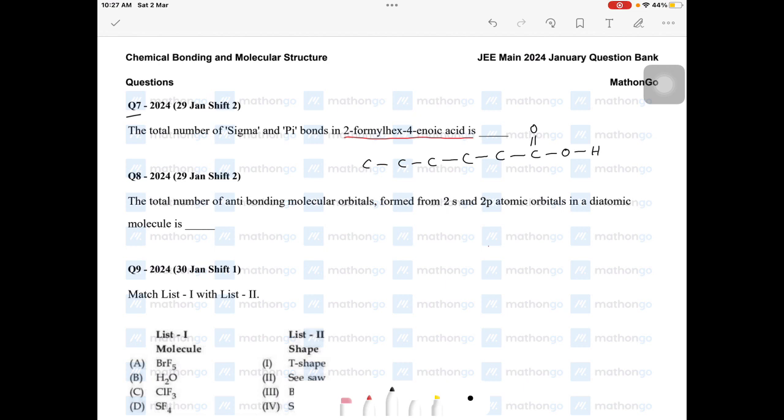Next, 2-formyl at carbon 2. Remaining all are hydrogens. 4-ene means a double bond at the 4th carbon, between 4 and 5. Remaining all are hydrogens.